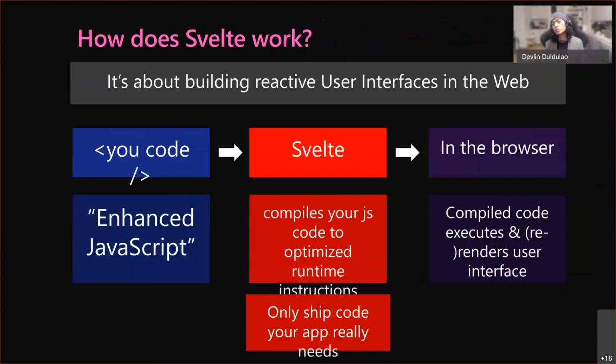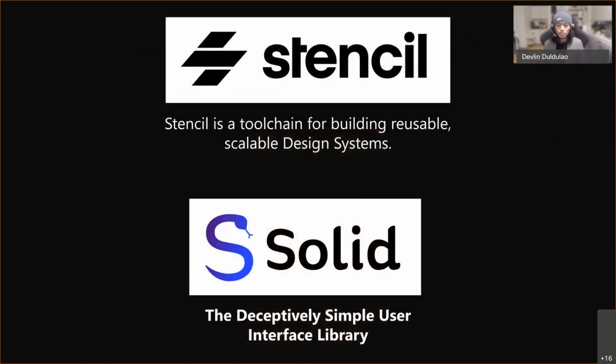Therefore, in a browser, that compiled code executes and then renders the user interface. Shifting the load to the compile step can also be seen in other frameworks nowadays. Good examples here are Stencil of Ionic and Solid.js of Ryan Carniato.